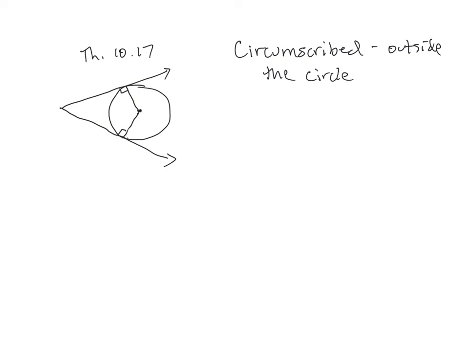Circumference means around the outside, so that's where the prefix circum comes from, and scribed is just drawn. So technically the circumscribed angle theorem is the title, but again, I won't ever ask you for the title. I just want you to know the information.